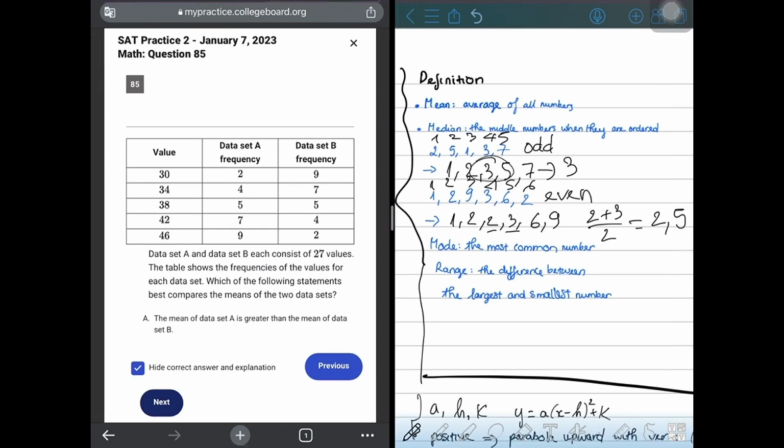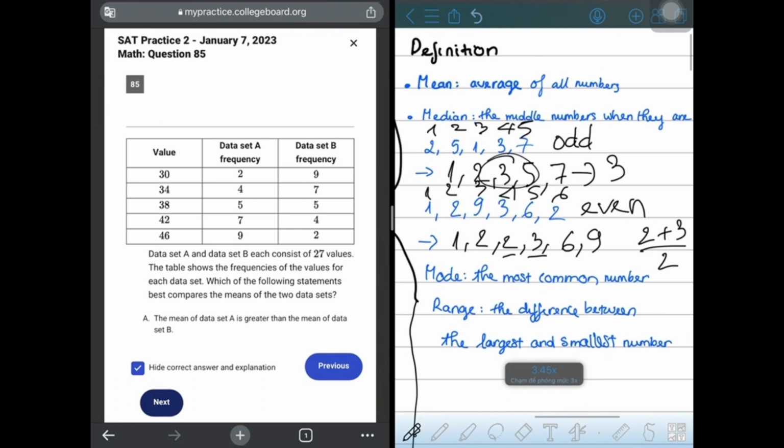The mode is the most common number. In other words, it means the number that appears the most frequently. So if you see the example 2, the number 2 appears twice, while other numbers appear just once.